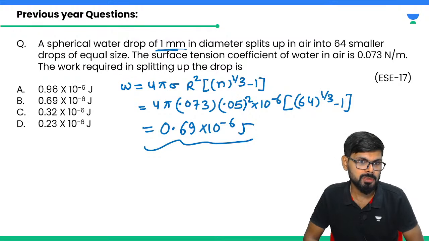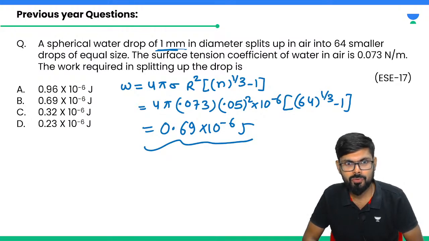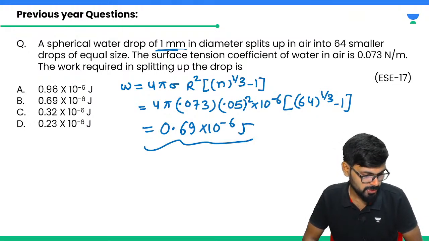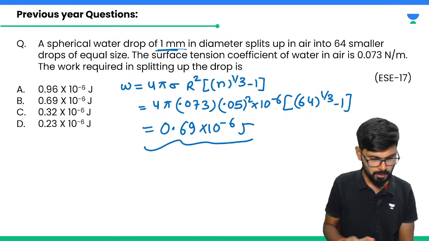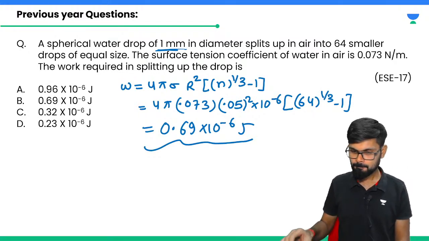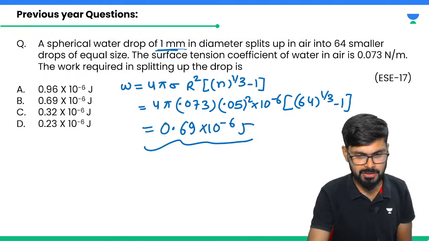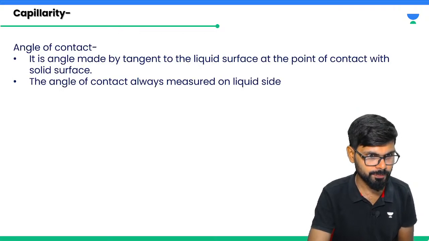Whatever vehicles you are seeing nowadays, if you want to increase the speed, if you want to increase the RPM, that's very difficult with reciprocating engines. But with a rotary engine it is very easy. Clear? Okay. Let's move to the next one.